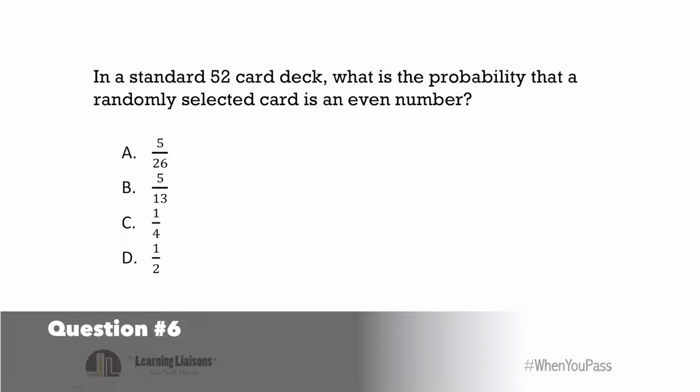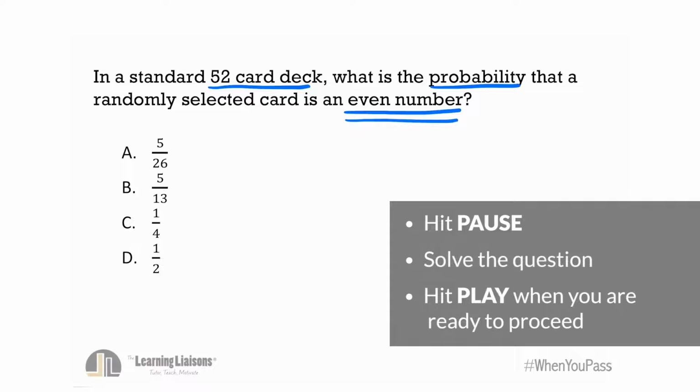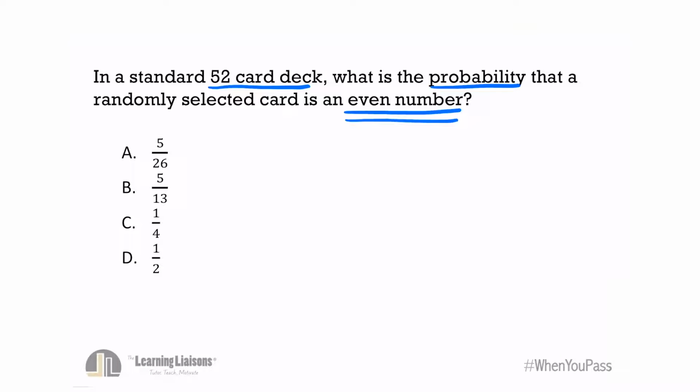In a standard 52 card deck, what is the probability that a randomly selected card is an even number? Well, if I'm looking at this, I'm looking at probability, which means I have desired over total number.